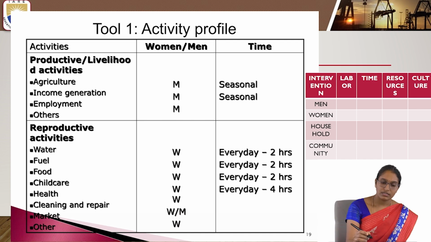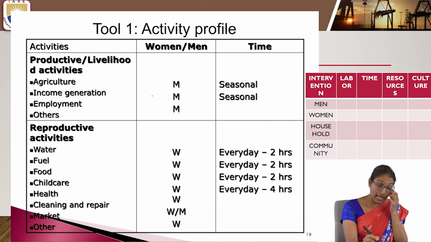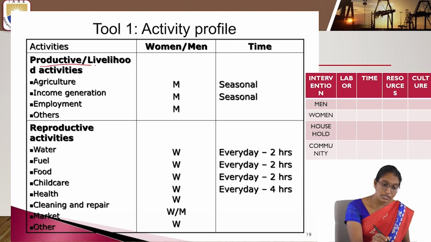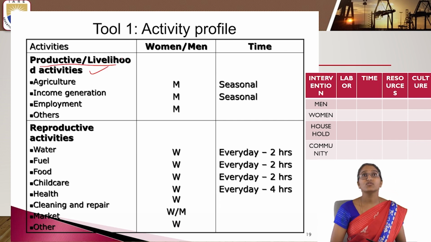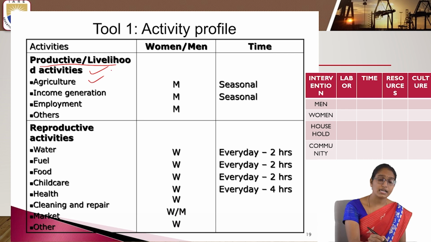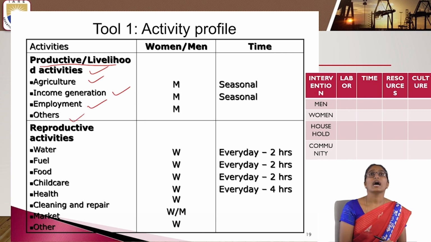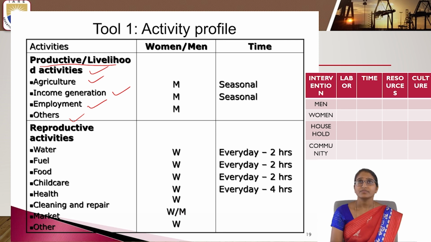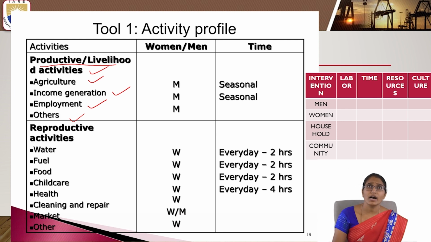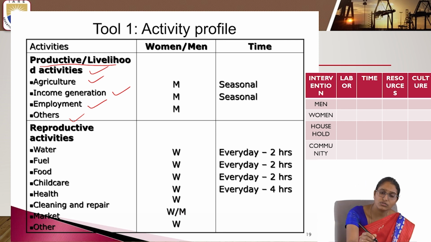Just for a small look up, we can do this based on the activities. One is productive or livelihood activities, which can be any agricultural work, income generation work, employment or other types of work. The activity profile is based on the gender tools, that is women and men and time.